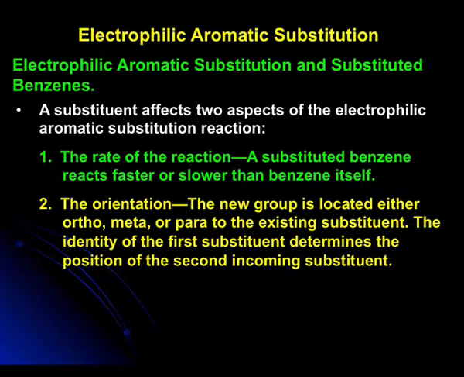If we take a substituent that's going to withdraw electrons, it's going to deactivate the ring, it's going to go slower, right? And that substituent is going to direct where that new group goes, because we looked at those resonance structures, right? An electrophile is going to want to go where there are more electrons or where there are no positive charges, right?